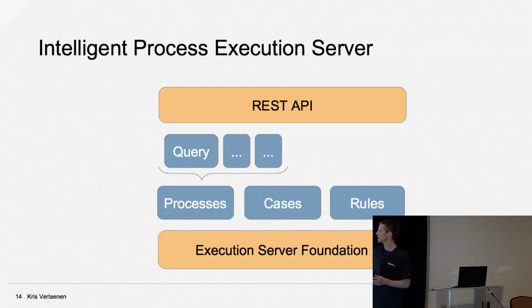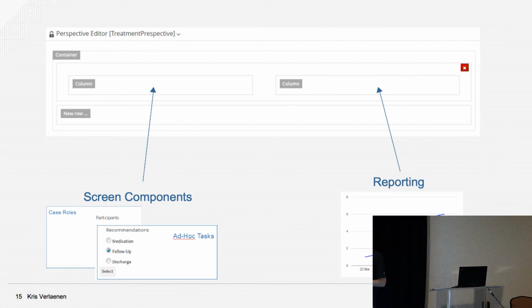And it's all built on what we call an intelligent process execution server, which offers an easy-to-consume REST API to get all the information that you need, and also to interact with the case itself.